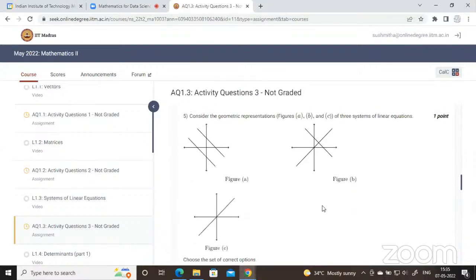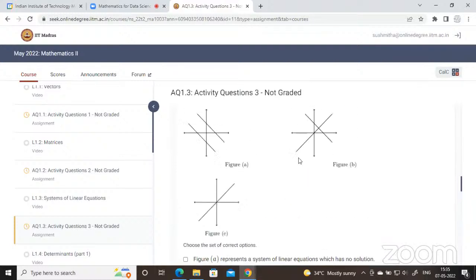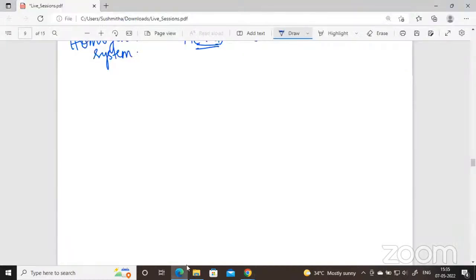So there was someone who asked about the figure. In this case, the first figure, figure A. When do you say a system has a solution? When there is an intersect point common to all the equations. Yes. So this is a line, say equation 1. This is another line, equation 2. And this is the third line, equation 3.